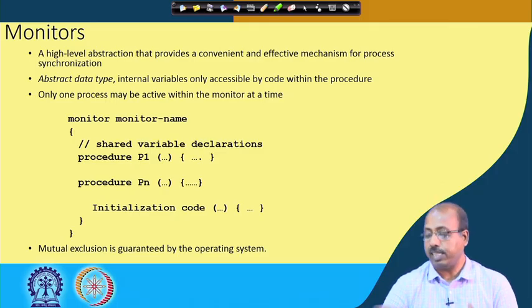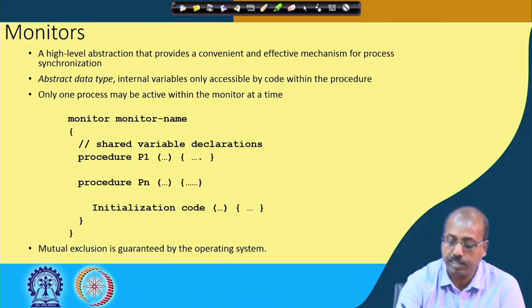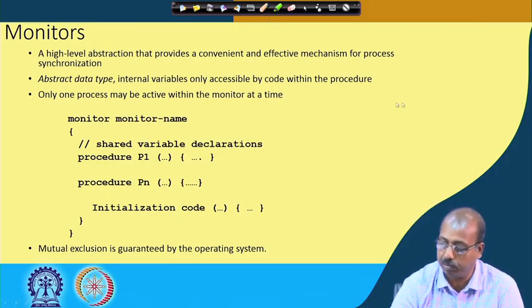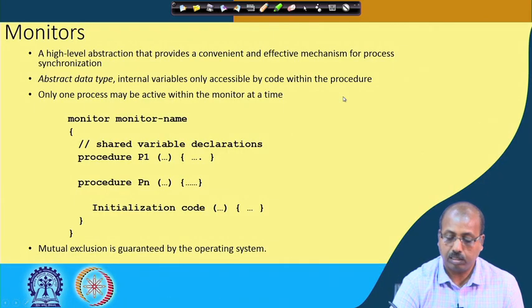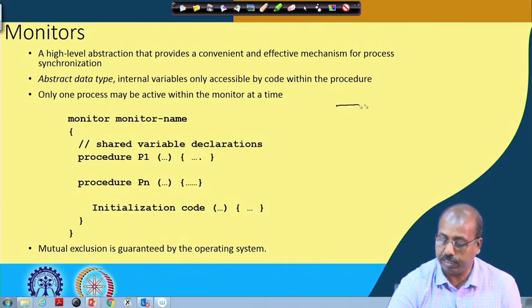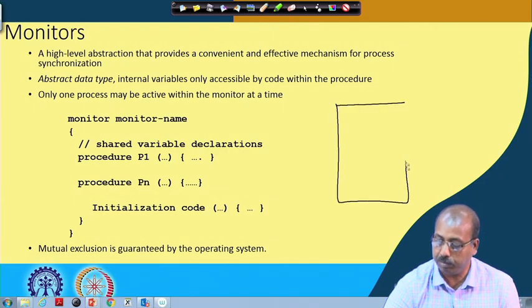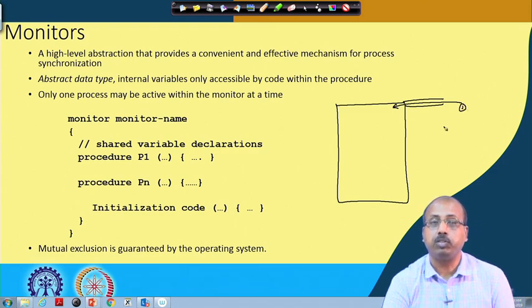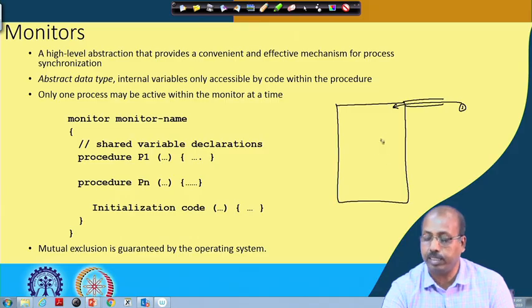You can think of a monitor as if there is a bounding box and there is an entry gate. Through this entry gate only one process can come into the monitor at a time. So, mutual exclusion is definitely satisfied, since there is only one process inside the monitor.